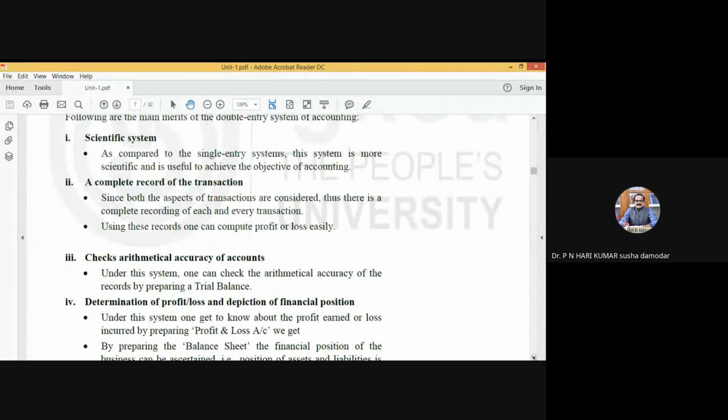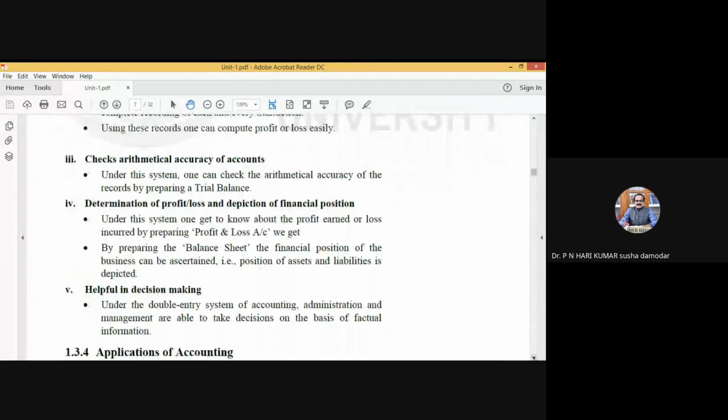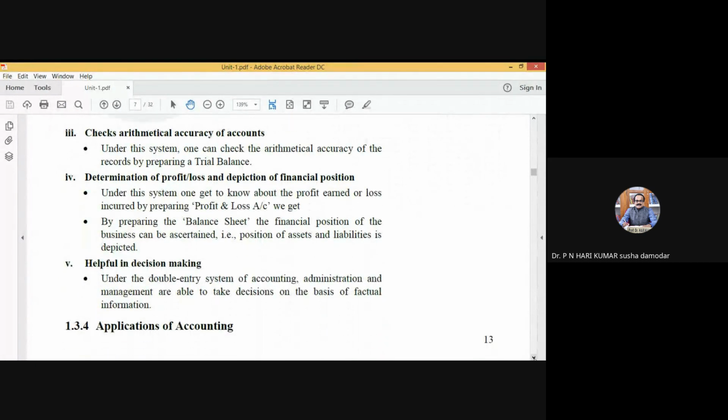Determination of profit or loss, or identifying the financial position, is possible with the double entry principles. It is helpful in decision making, because whenever we verify a particular transaction which involves two elements, either debit or credit, we can easily take relevant business decisions. So it is helpful in business decision making, which means the information furnished by the double entry system is useful for the manager to take rational decisions.